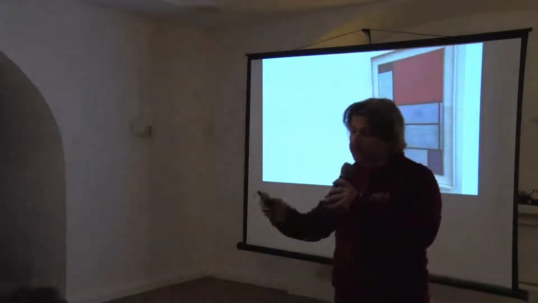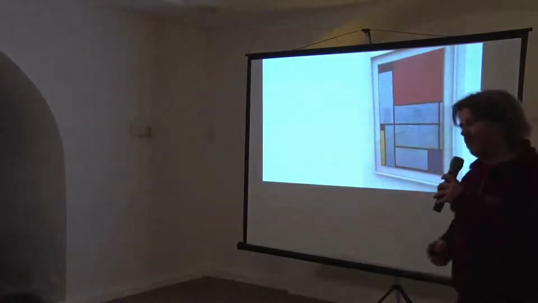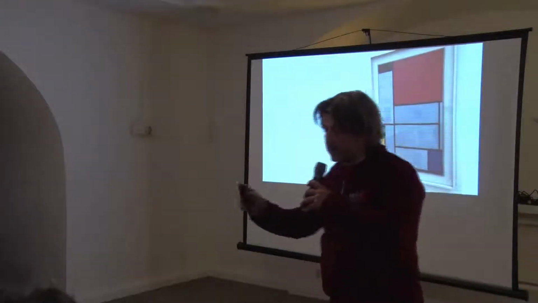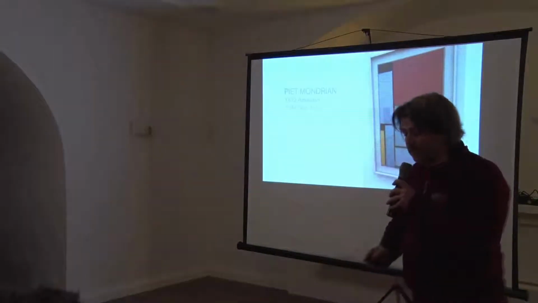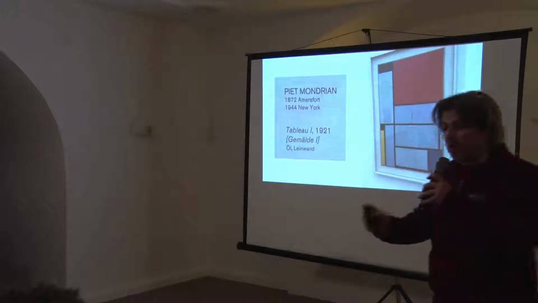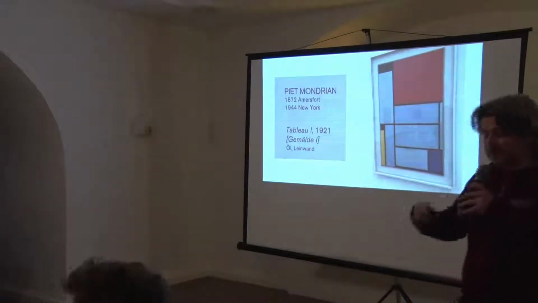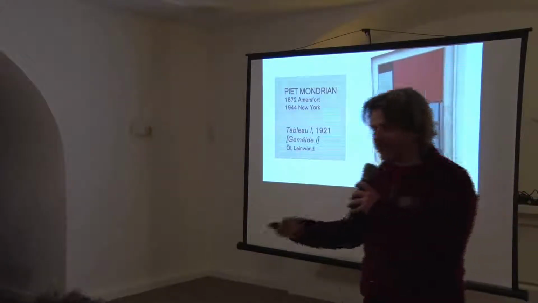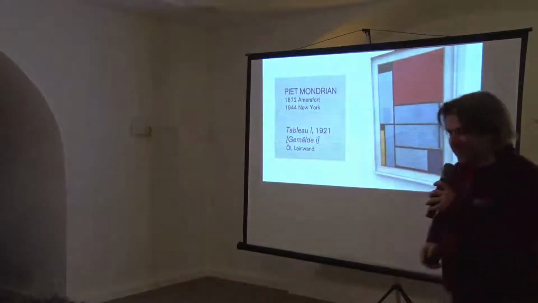That's Piet Mondrian, author of this painting. But what was very interesting is that I read the description of the painting, and it said Tableau 1. So it means that Piet Mondrian already created the first version of Tableau in the year 1921. I didn't know that.